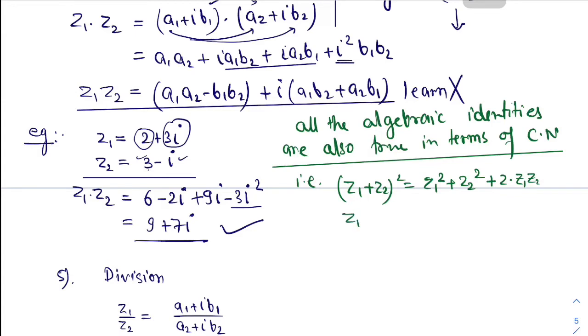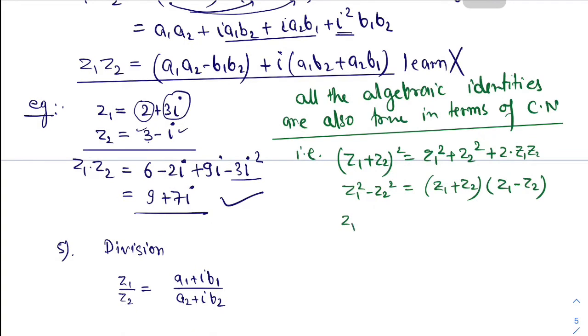I can write z1 square minus z2 square is equal to z1 plus z2 into z1 minus z2. I can write z1 plus z2 whole cube as z1 cube, and so on. You can write by yourself. There are many more. Okay, I recommend you to write all these algebraic identities in terms of complex numbers by yourself.